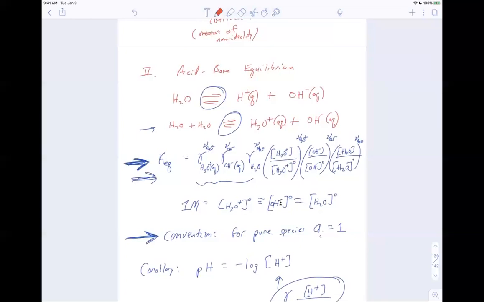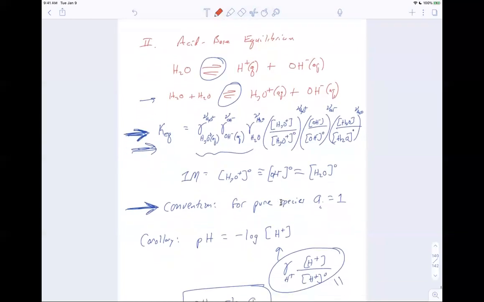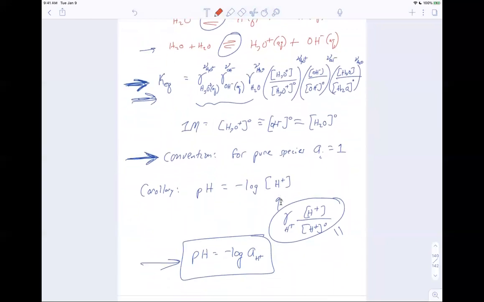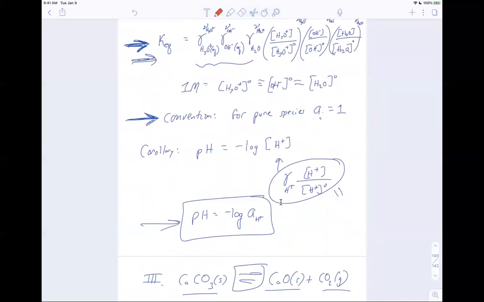Was that clear or no? The importance of activity and how it's a very general quantity. It was clear.